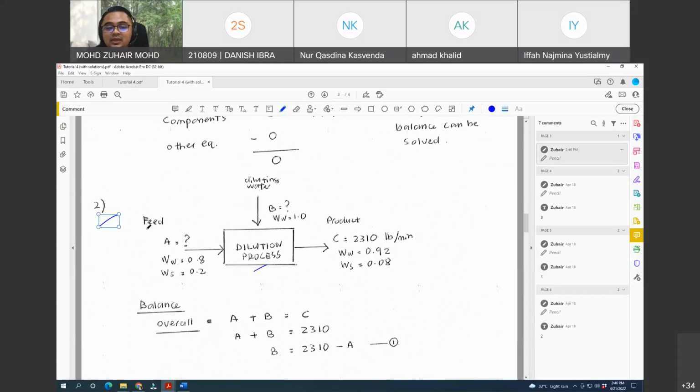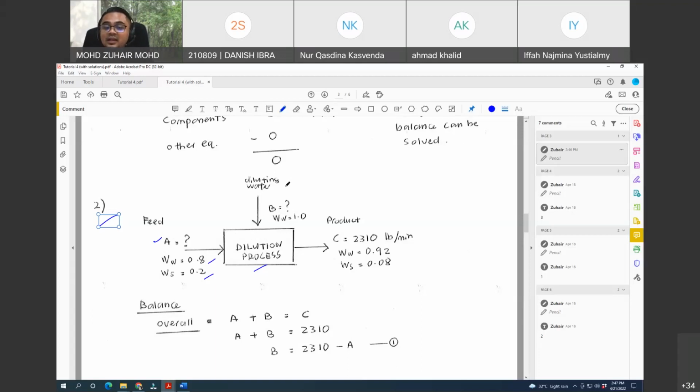Dilution process. Okay, for the feed that comes in, there is no information about its flow rate, so we just put A here. But we know that the mass fraction of water is 0.8, and the mass fraction of the salt is 0.2. So this is for the feed. And then the dilution process happens in which diluting water comes in.